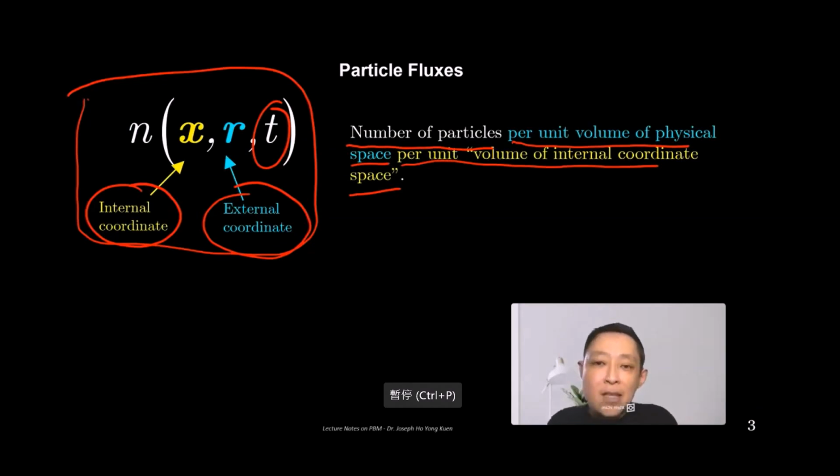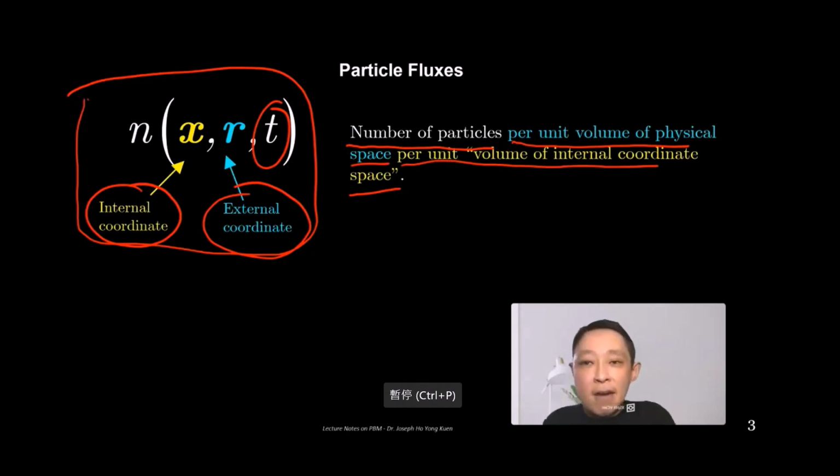In trying to understand how to construct a population balance equation by considering the balance of the number of particles, we need to be able to speak of the concept of particle fluxes, right? It's just like what we have done for transport phenomena. When we build the continuity equation, we talk about the mass flux: the mass density rho multiplied by the fluid velocity gives us the mass flux, right?